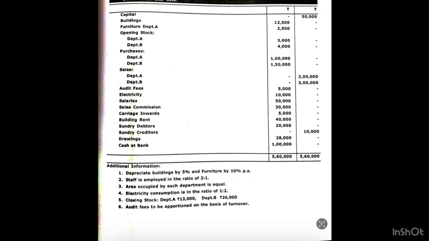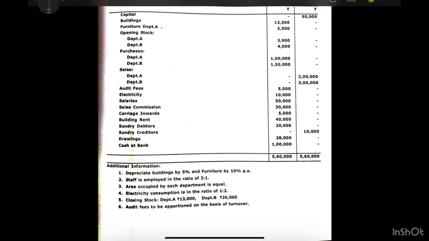Capital, buildings, furniture related to department A. Opening stock, we have department A as well as department B. Purchases, department A, department B. Sales, department A, department B. Audit fees, they have given 5,000. Electricity and salaries are the common expenses we need to allocate between department A and department B. Sales commission, carriage inwards, building rent, debtors, creditors.